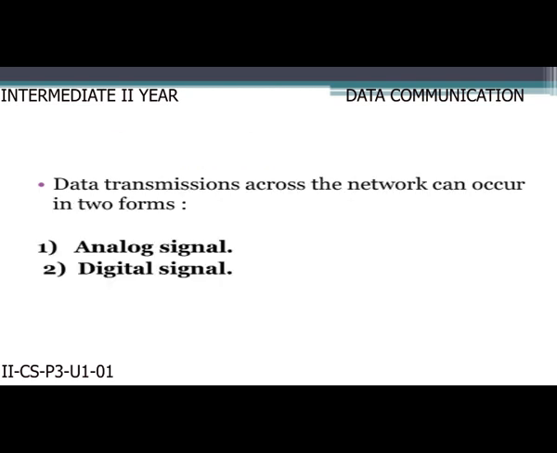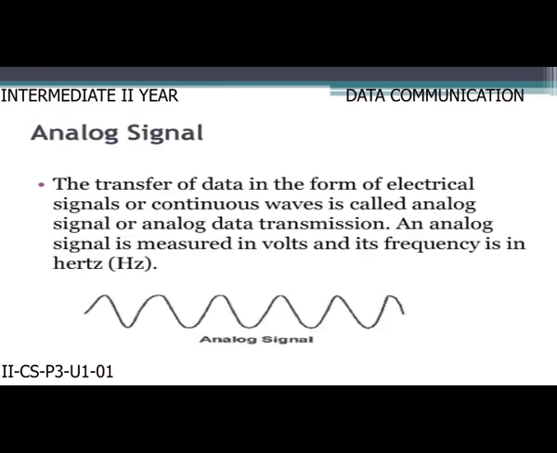Data transmissions across the network can occur in two forms: analog signal and digital signal. What is analog signal? The transfer of data in the form of electrical signals or continuous waves is called analog signal or analog data transmission. An analog signal is measured in volts and its frequency is in hertz.